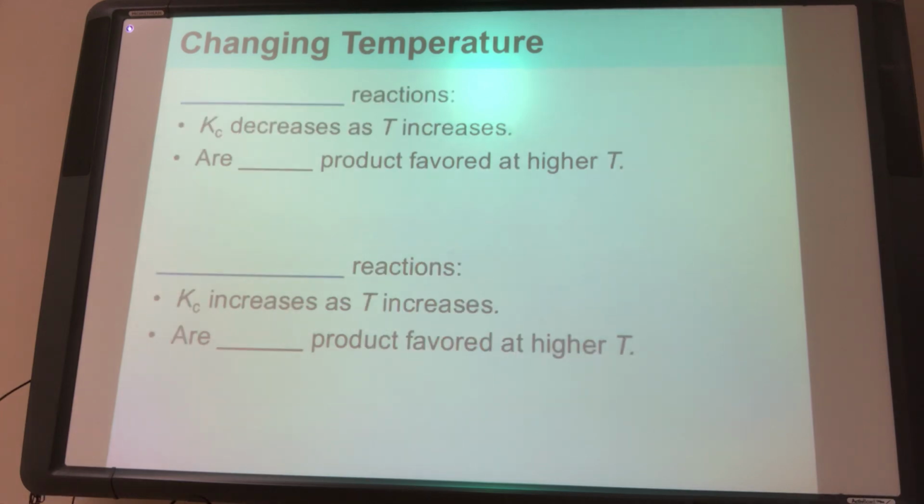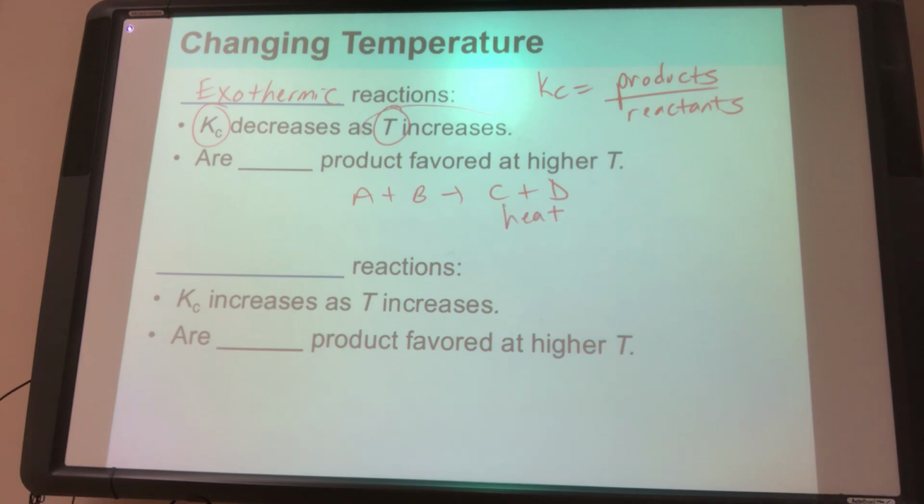Let's summarize. Exothermic reactions: the number of the Kc will decrease as temperature increases. So let's think about this. Kc is products over reactants. If it's exothermic, I have A plus B goes to C plus D. If it's exothermic, then I'm releasing heat, so heat is here.